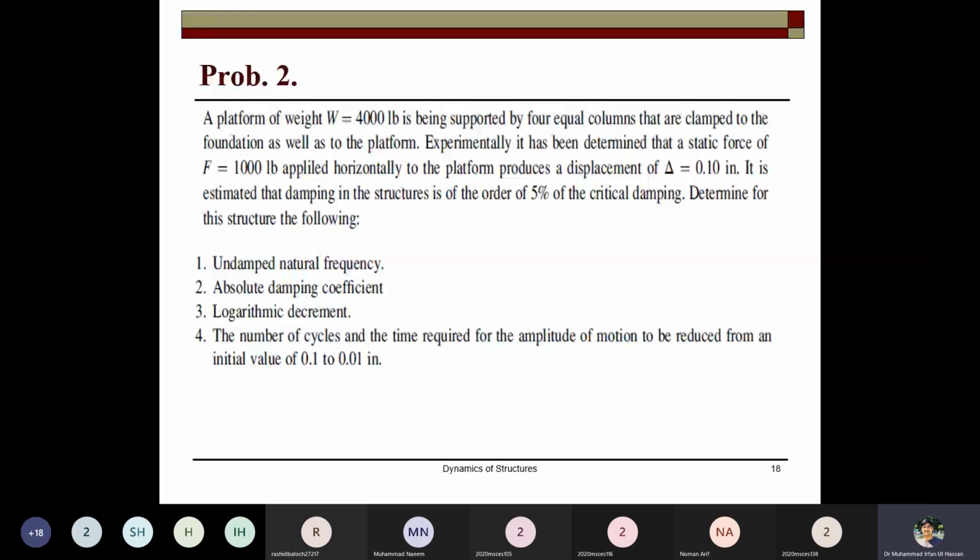Determine for this structure the following: the number of cycles and the time required for the amplitude of the motion to be reduced from an initial value of 0.1 inch to 0.01 inch.